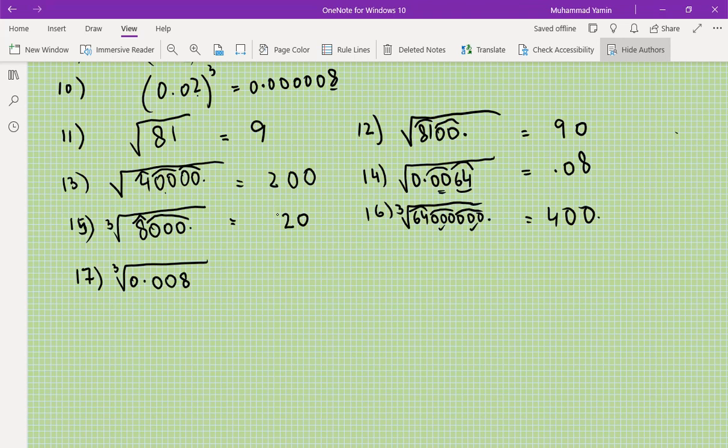Cube root. Again, decimal and a group of 3. Since here a group of 3 will have the number 8, we'll take the cube root as 2. 0.2 will be the cube root of it.